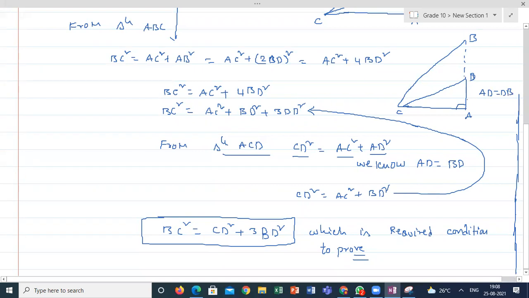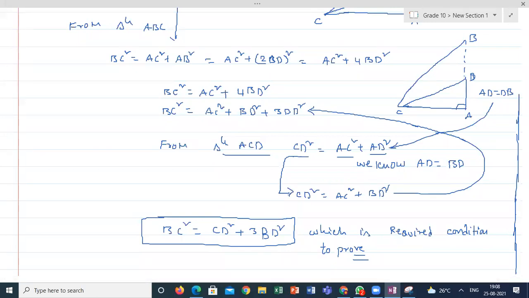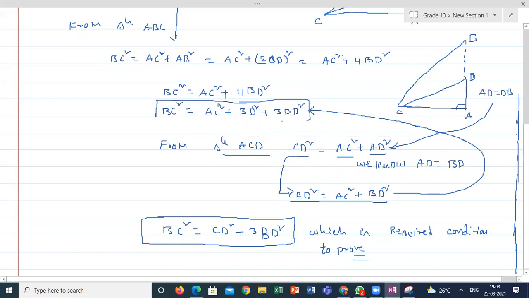If I'm replacing AD with DB, CD square can be written as AC square plus BD square. Instead of AD, I can write BD also, because AD and BD both are same, as D is the midpoint. So I'm using this statement here, which I proved from triangle ABC. From triangle ABC, I got one statement. From triangle ACD, I got one statement. With the help of these two statements, I am proving this one. That's the logic here.